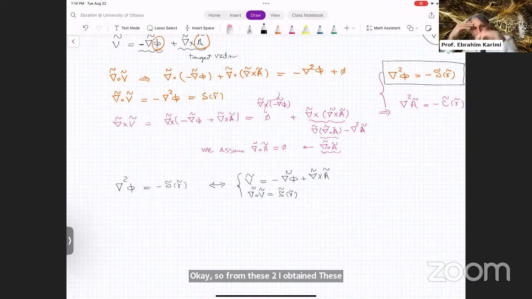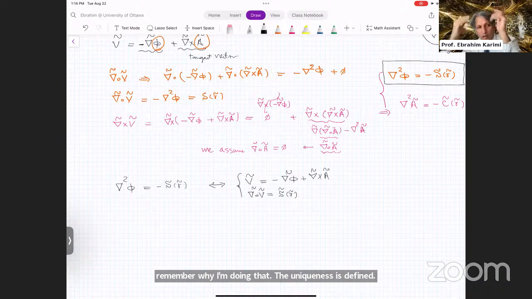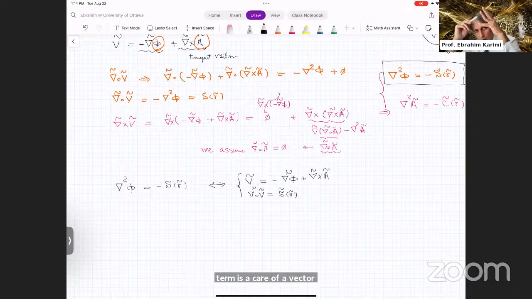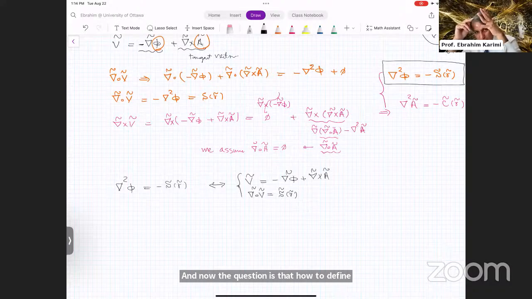Remember why I'm doing that. The uniqueness is defined, absolutely not a problem. Now the problem is how to find V. And we say that V is given in two terms: one is a gradient of a scalar, and the other term is a curl of a vector. And now the question is how to define phi and how to get A. So those are the problems that I'm looking for right now.